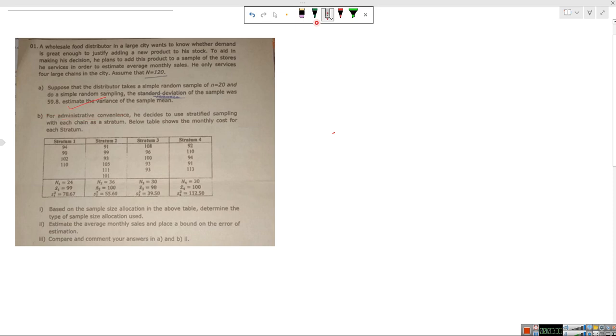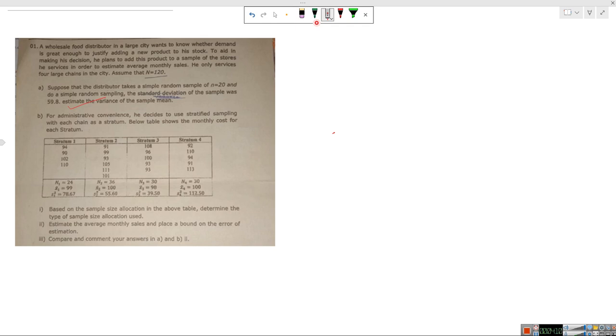Even though he serves 4 large chains, in the first question he considered all chains as one. But now for administrative convenience he decided to use stratified sampling, where each chain is a stratum. The table shows the monthly cost for each stratum, so the monthly cost of each stratum is given.